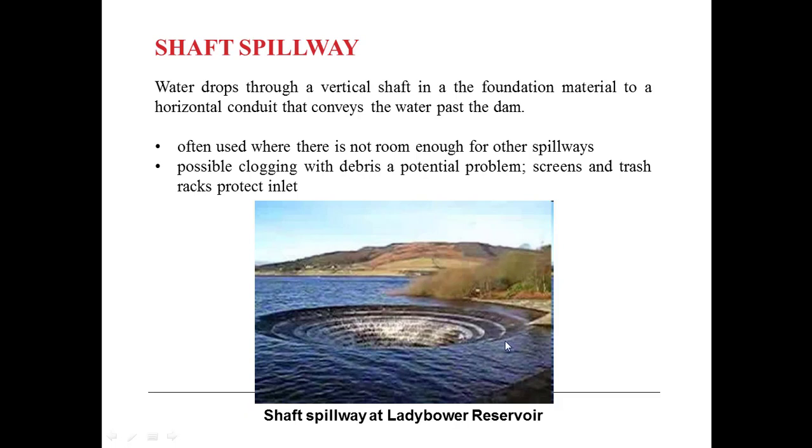These types of spillways are constructed where the space for other spillways is not enough. Also, they are constructed to reduce clogging, and the screens and trash racks protect the inlet.